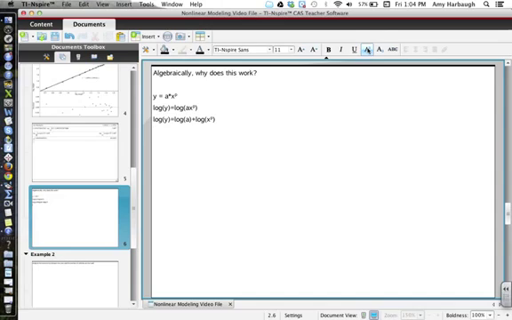Then another property of log says that if I have an exponent inside the logarithm, it's the same as bringing that exponent to the front and making it multiplication. So now what I have is log y is equal to log a plus p times log of x.